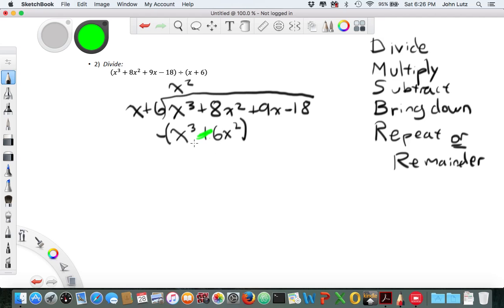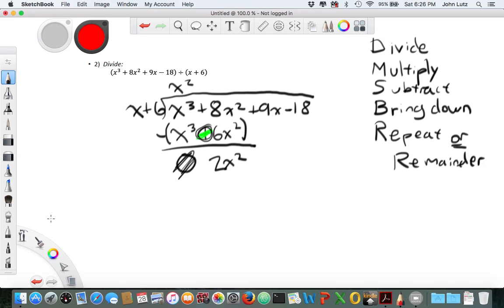X cubed minus x cubed is 0, which is what we want. 8x squared minus 6x squared is 2x squared. Okay, so this goes away, and I'm just looking at that 2x squared.